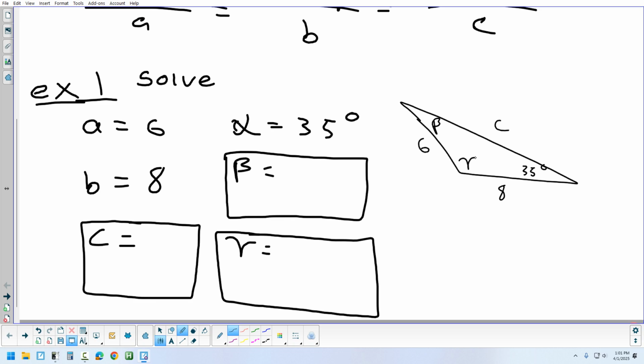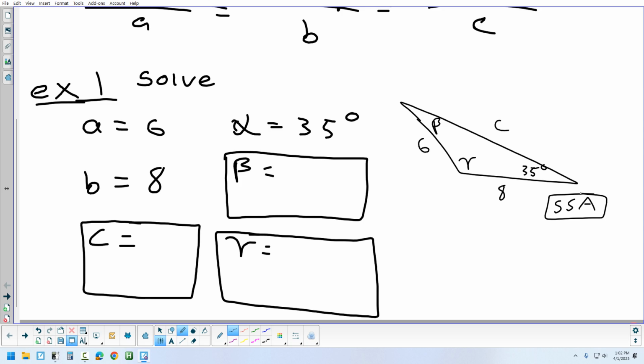What kind of triangle is that using our 3 letters? Side, side, angle. So remember, side side angle, that is the one where you have to check for 2 solutions, no solution, 1 solution.